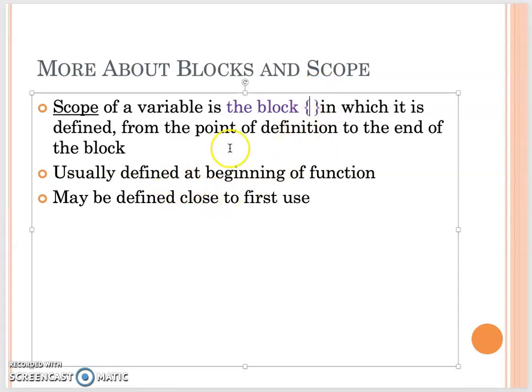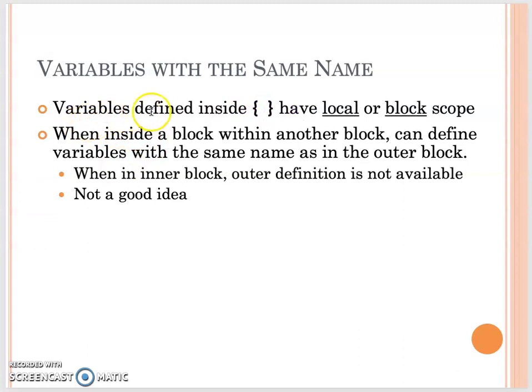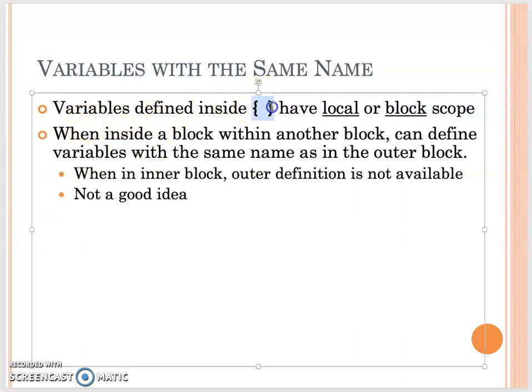So usually you define a variable inside a block, for example your if-else statement block, or your int main function block. Usually the variable's scope is only that block. When a variable is defined inside a block, we can consider it to have local or block scope.